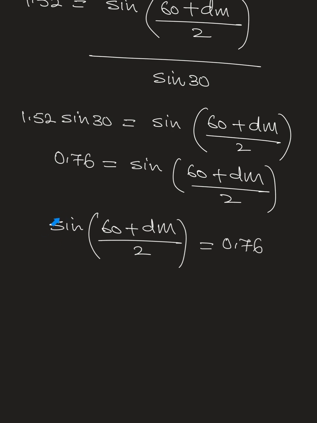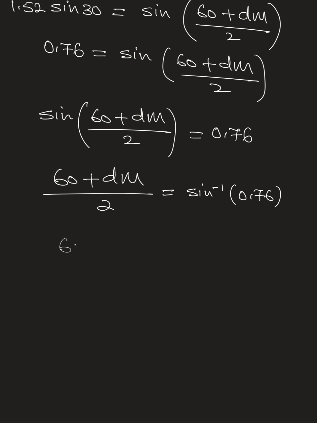I can send this sine to the other side as the sine inverse. So we can say 60 plus dm divided by 2 is equal to the sine inverse of 0.76. The sine inverse of 0.76 is 49.5 to 1 decimal place.